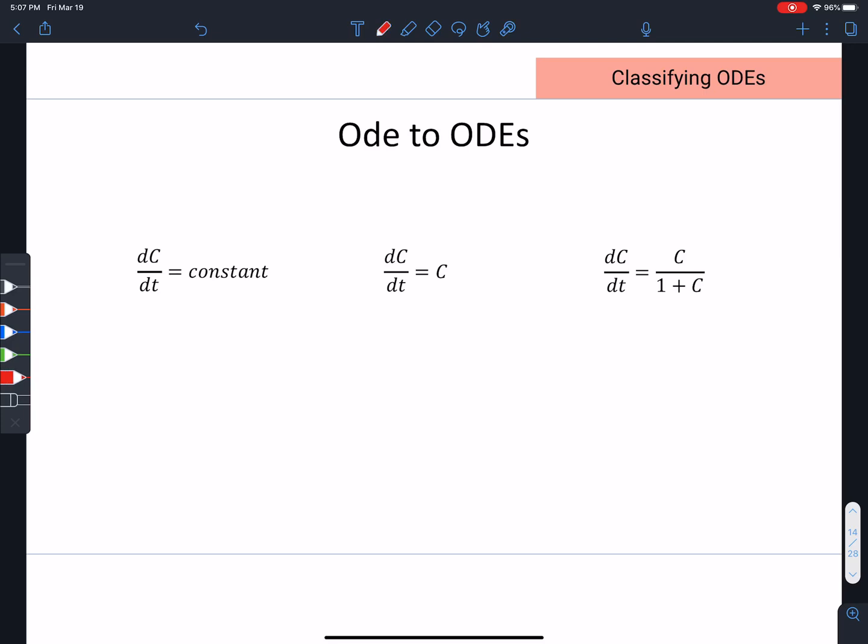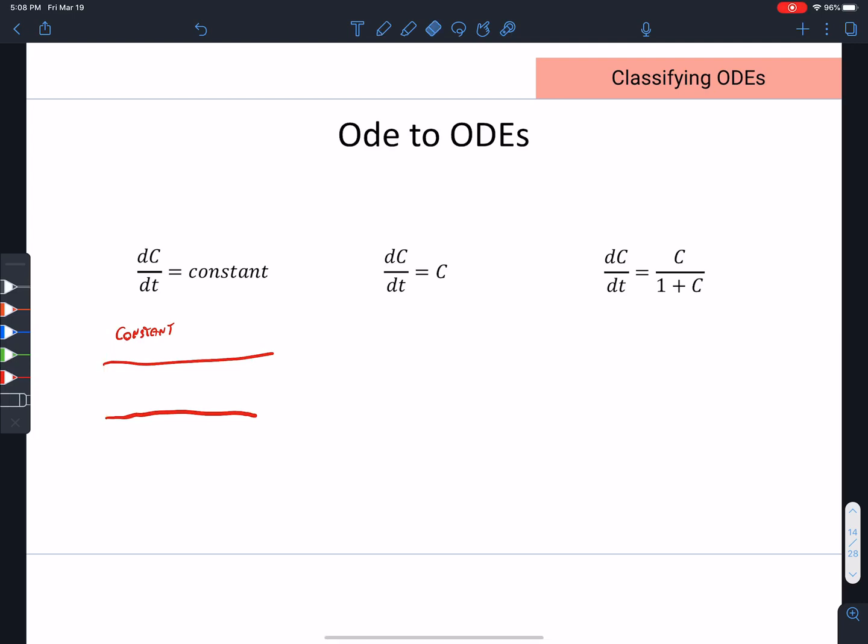So here's this example. When dc dt is constant, that means that your solution will look like a constant. I mean, the velocity, the change will be constant, right? Which if we integrate, it will become a line. Of course, we don't know where this line will be here, right?